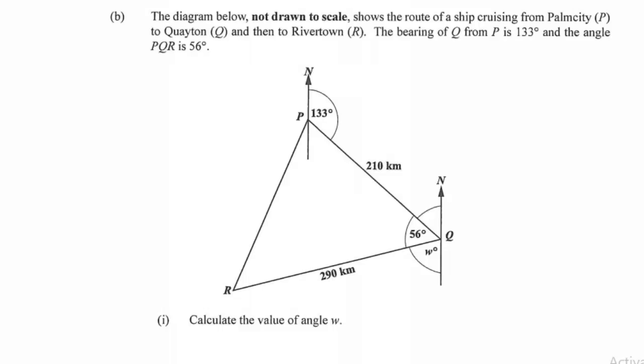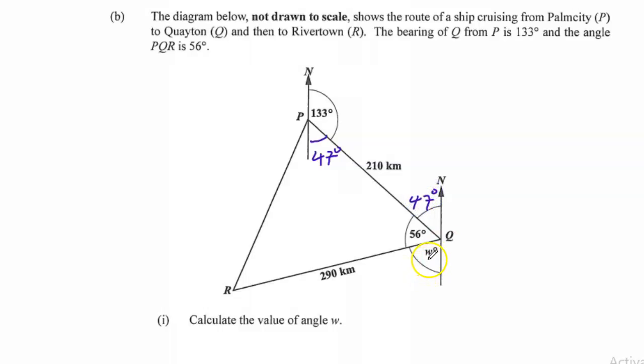Part B, we have a diagram here and we're asked to find the value of W. Now, angles in a straight line add to 180. So if this angle is 133, then this angle is 180 minus 133, which would be 47 degrees. And it's alternate to this angle, so this angle would also be 47 degrees.